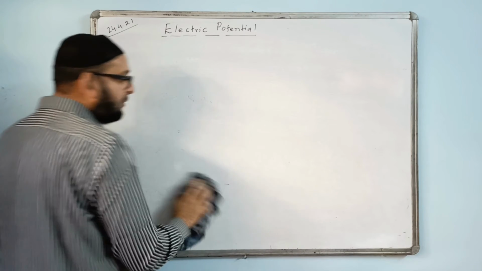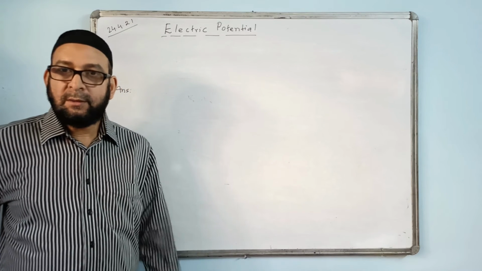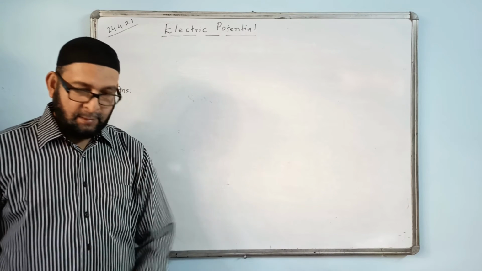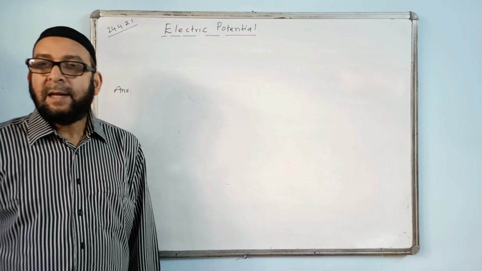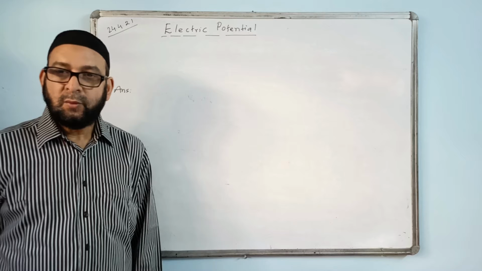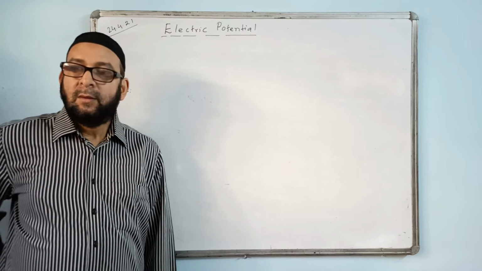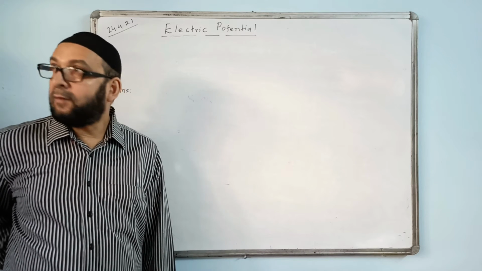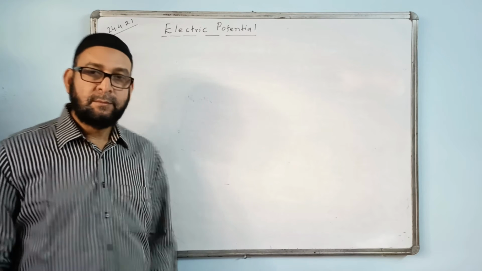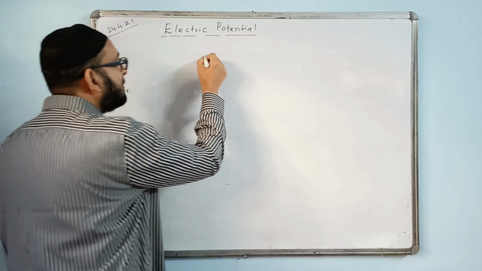Now another question. Calculate the electric potential at the center O of the following square. They are showing a figure like this.